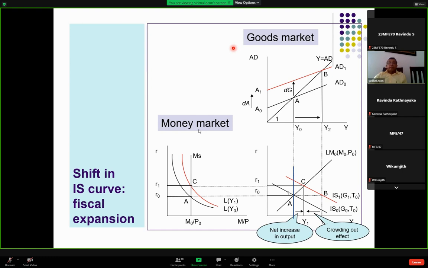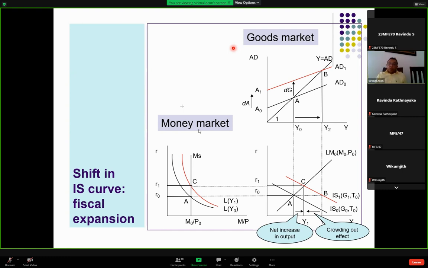Then the entire change will be cancelled out, crowded out by rising interest rate. And the rising interest rate is here. So we discuss here the slope of the LM, and also now we know the economics behind the slope of the LM.